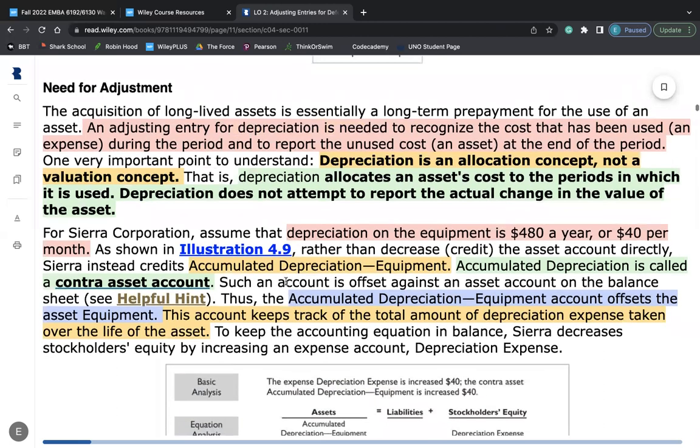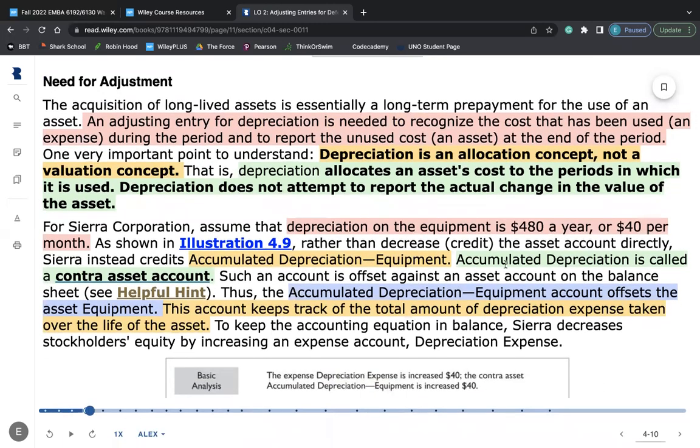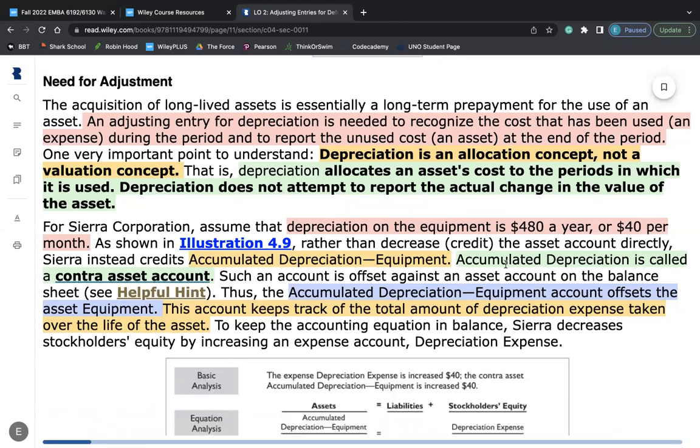All right, we're going to talk about the need for adjustment. The acquisition of long-lived assets is essentially a long-term prepayment for the use of an asset. An adjusting entry for depreciation is needed to recognize the cost that has been used during the period and to report the unused cost at the end of the period.